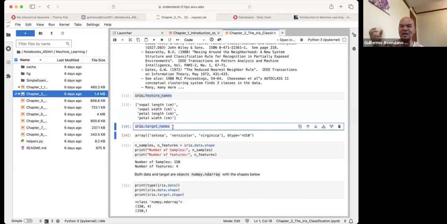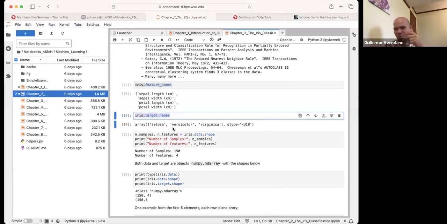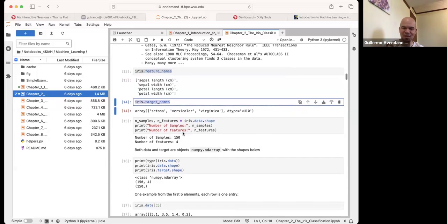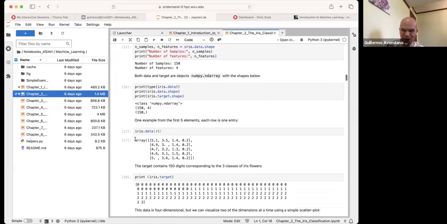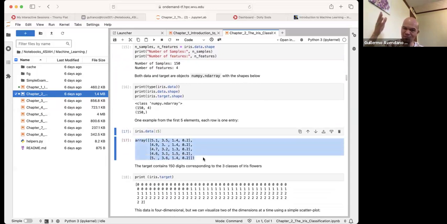And they put, I think, a number 0, 1, 2, if I'm not wrong, in the 5th column or in the 1st column, depending on the column that identifies the flower. It is just one name or one number that decides which kind of flower it is. So this is, for example, the first 5 rows of data.